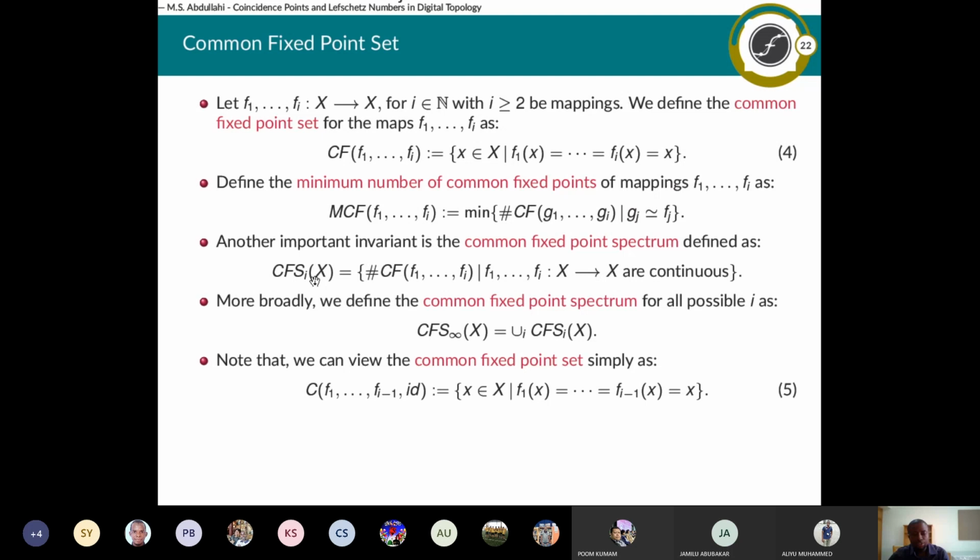More broadly, similar to what I have done in coincidence point, we define the union of all these common fixed point spectra as CFS infinity of X. But we can also view this definition of common fixed point as simply coincidence, in which case we allow Fi to be equal to the identity. If we allow Fi to be the identity, then the coincidence between the functions f1 up to Fi minus 1 will be the same as the common fixed point set.